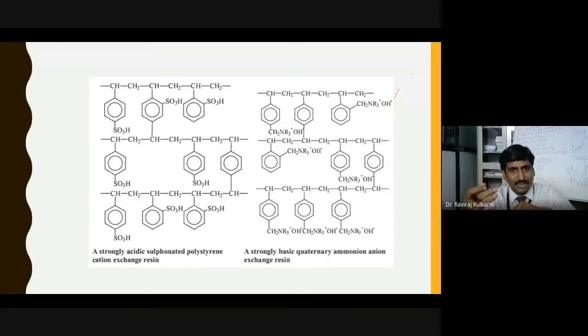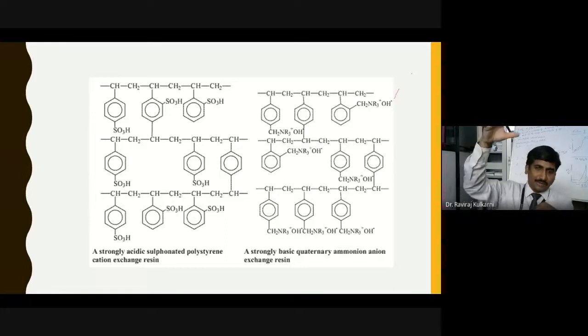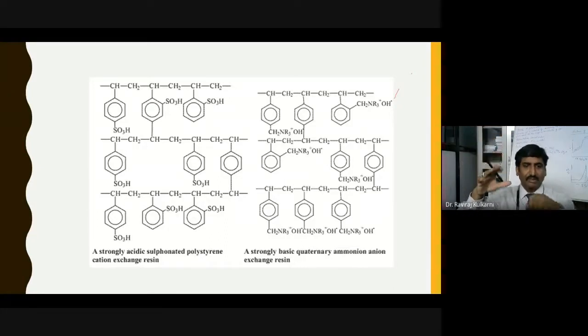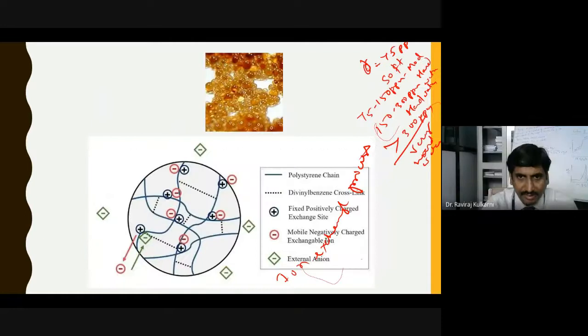What happens to the concentration of calcium ions in the solution? Calcium ions and magnesium ions are there in water. Resins are like this, small, right? These are resins, and they contain exchangeable ions.